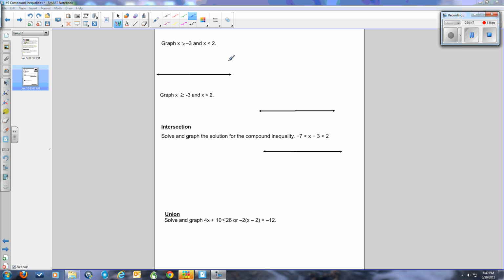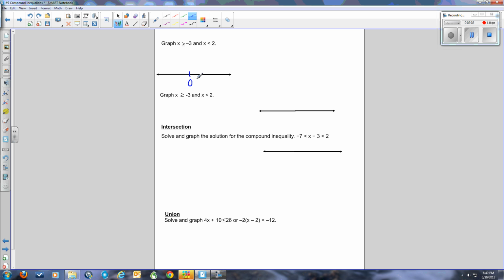So now let's look at this problem here. This is a compound inequality, and we're told to graph x is greater than or equal to -3 and x is less than 2. Here's roughly where 0 would be on the number line. Here's 2. Down here is -3. Where we have a greater than or equal sign over the -3, that's a dot that's colored in.